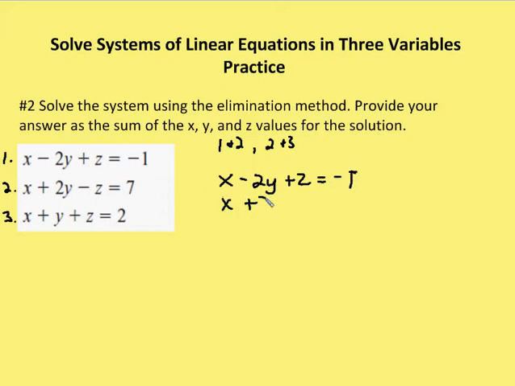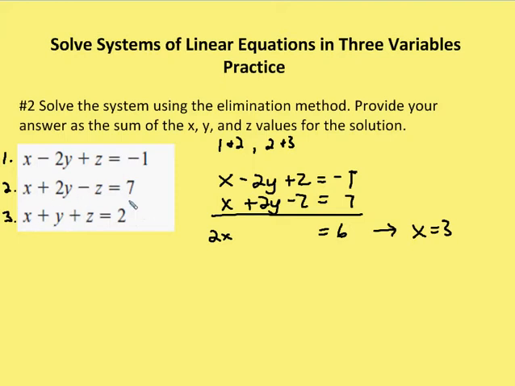Second equation: x plus 2y minus z is equal to 7. And I end up with 2x plus 0y plus 0z is equal to 6, so x is equal to 3. Okay, so either way, x is going to have to be equal to 3.